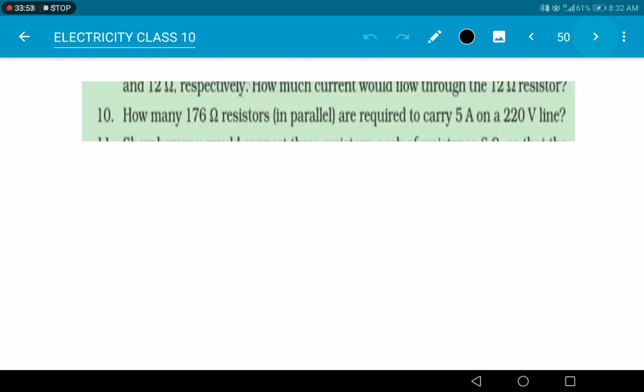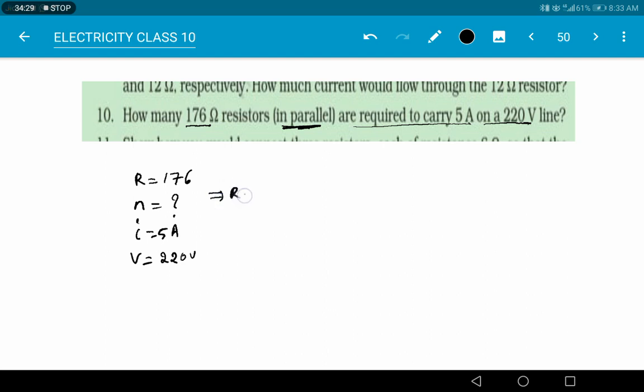Next, how many 176 ohm resistors in parallel are required to carry 5 ampere on a 220 volt line? Same as the last model we discussed in this session. Each resistance is 176. They are asking how many resistors are to be connected to get a current of 5 ampere for the applied voltage of 220. Which combination? Parallel combination.